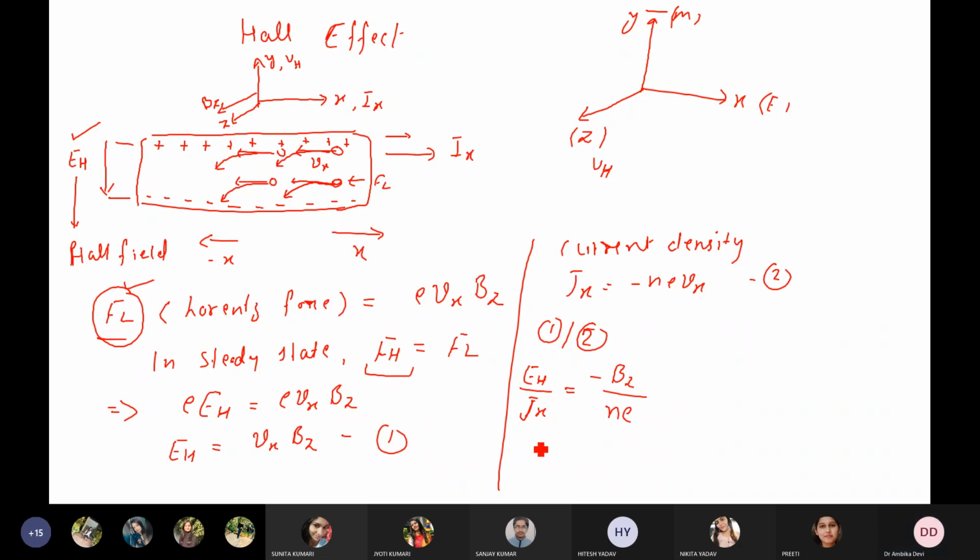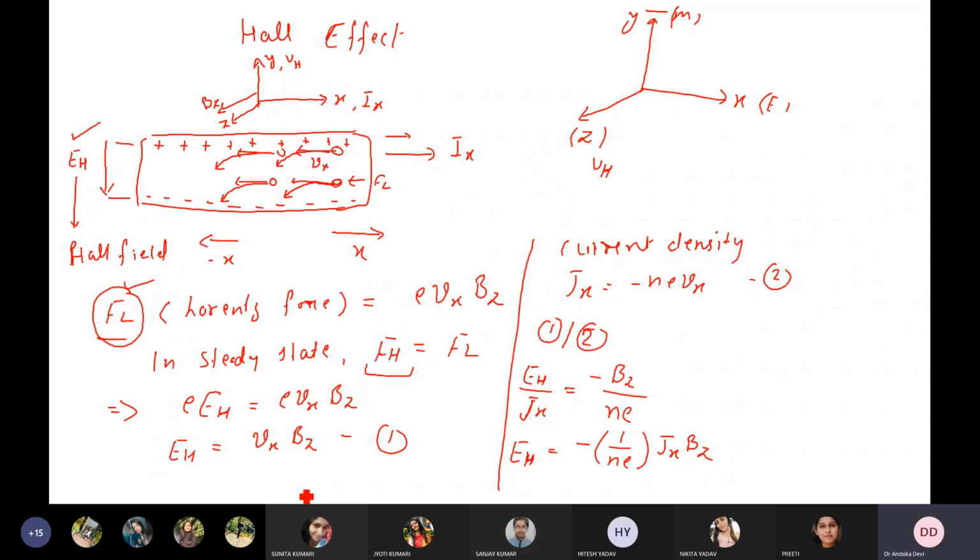So you can say that EH, which is the Hall field, is equal to minus 1 upon n e into Jx Bz. Okay. So this is the Hall field.